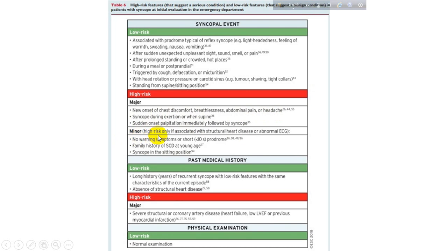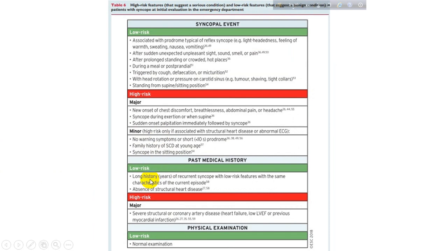Minor criteria are high risk only if associated with structural heart disease or abnormal ECG. The minor criteria are no warning symptoms or short warning symptoms less than 10 seconds prodrome, family history of SCD at young age, syncope in the sitting position.